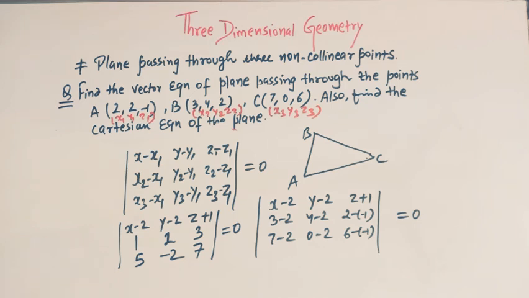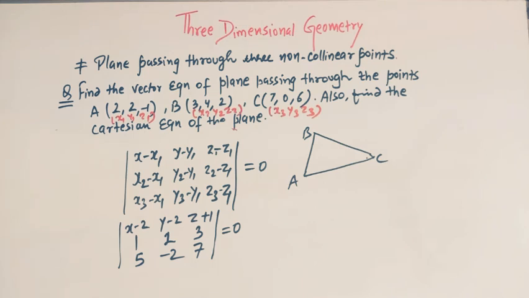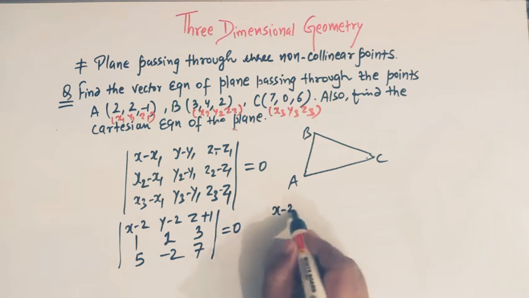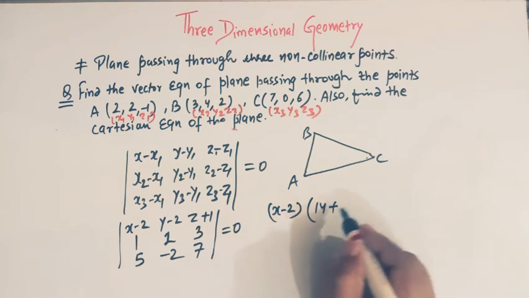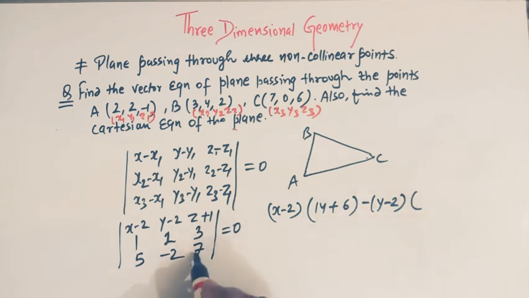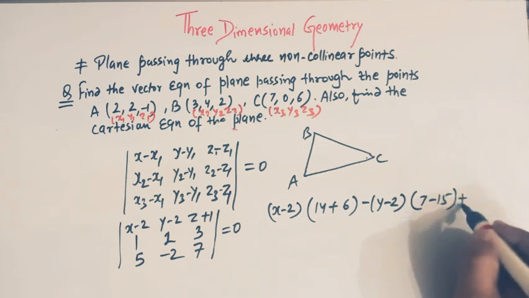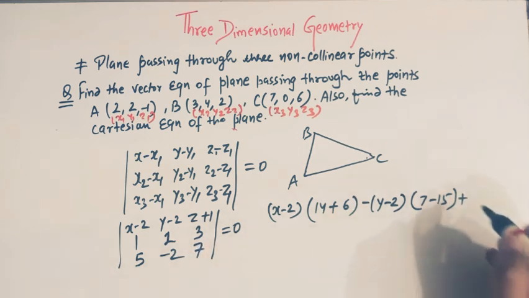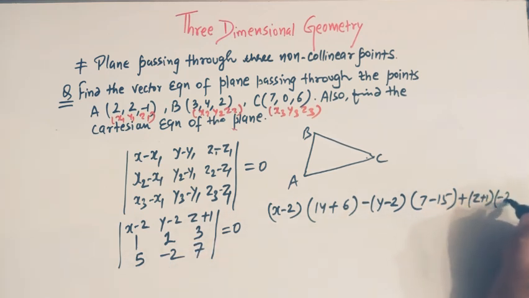Now this determinant is equal to 0, and we can expand this determinant along this row R1. So we have x minus 2 times 7 twos are 14 plus 6, then we have minus y minus 2, and then we have 7 minus 15, and then we have here z plus 1, and this is minus 2 and minus 10, right?